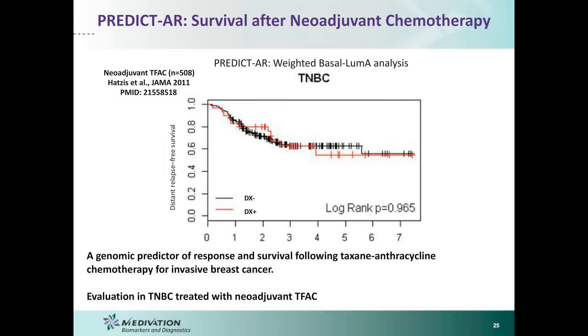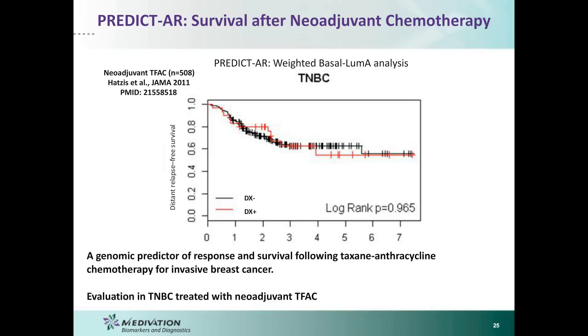Now, it's possible that this, because we know that the model is weighted towards being luminals or at least not basals, and those patients will do better in the absence of any drug, we wanted to ensure that this particular signature was not simply prognostic, but it was predictive, because this was a single-arm trial with no placebo-controlled arm.